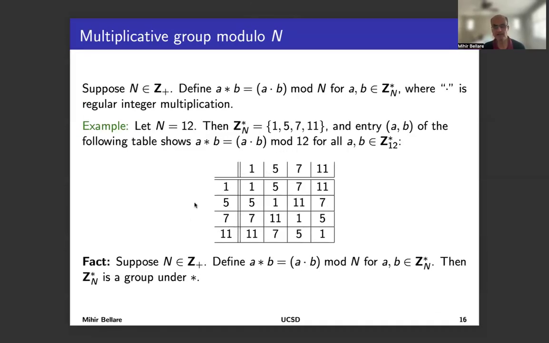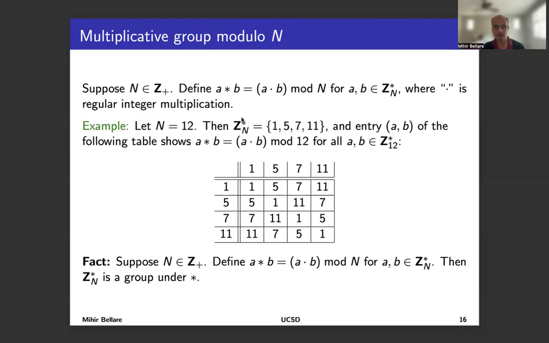A more interesting example for cryptography is what's called the multiplicative group modulo n. Again, we have some number n to parameterize it, but our operation has changed. It's not addition, it's integer multiplication, except we return the result mod n.